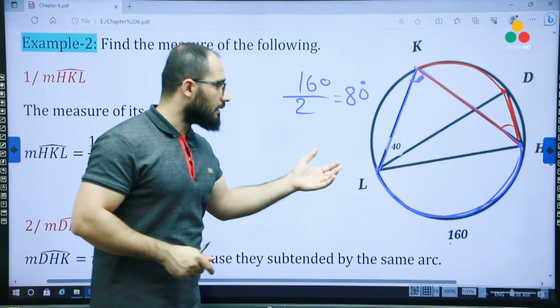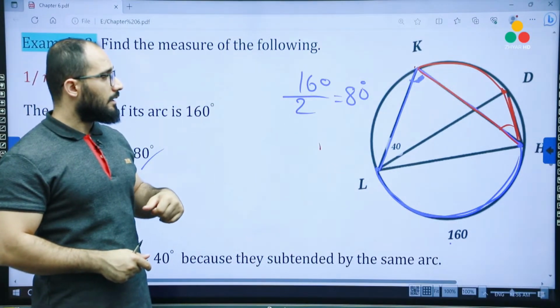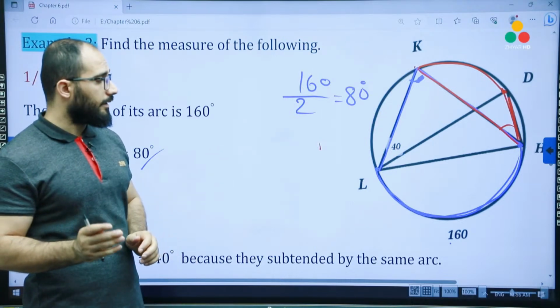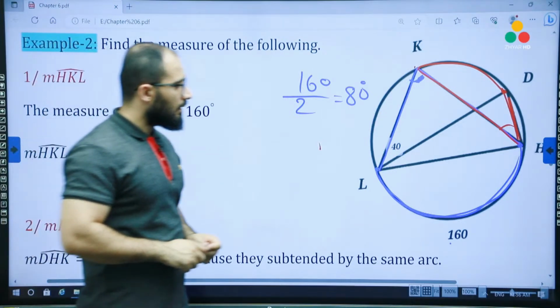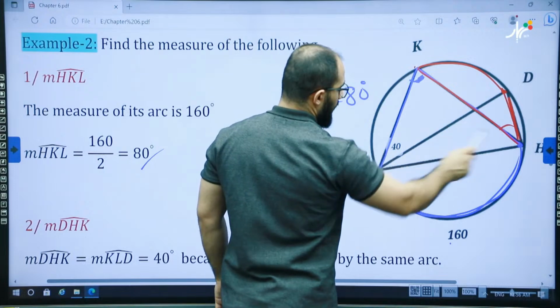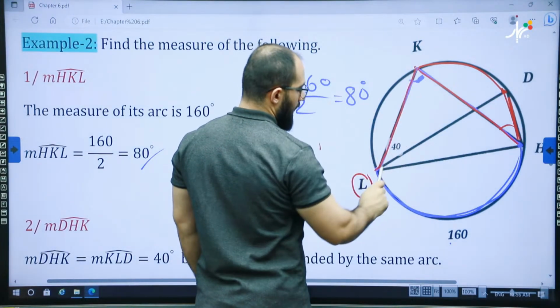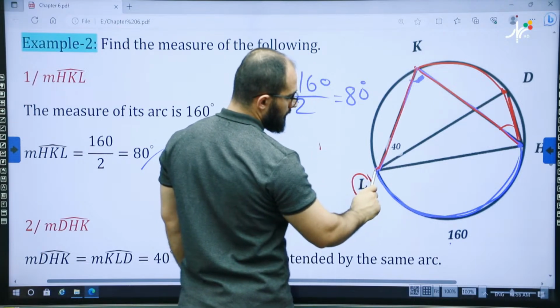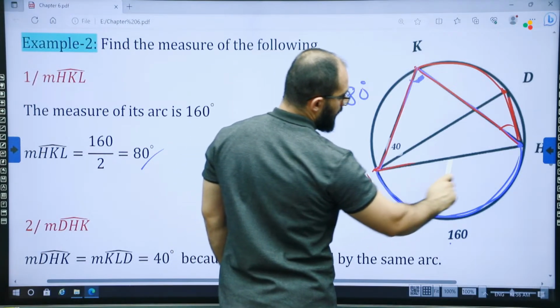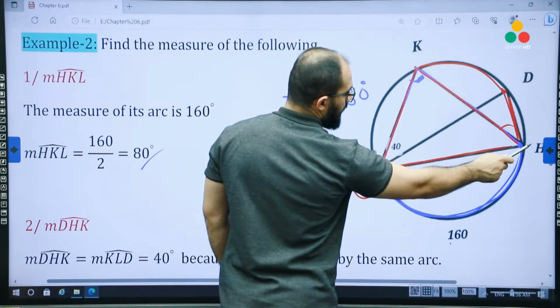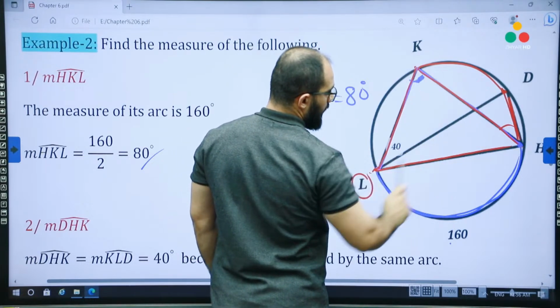So we go back to the theorem that said if the angles have the same arc, then they have the same measure. Look at that angle, angle L. Angle L has the same arc as HDL.